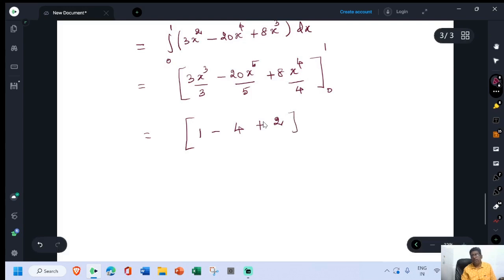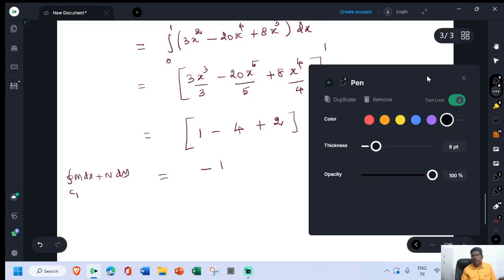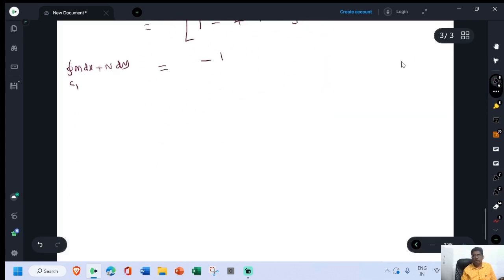If you apply the lower limit, everything is vanished. This is equal to minus 1. So the M dx plus N dy for the curve C1 is minus 1. Now we have to find out the value for C2.